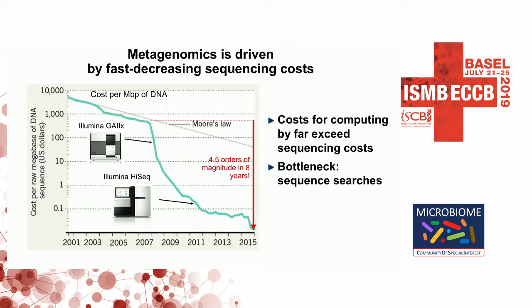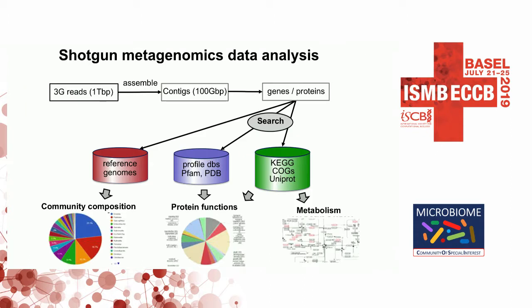So the costs for computing by far now exceed sequencing costs, and also of course the storage of the information. And the bottleneck are still sequence searches, so this is what made us start working on metagenomics data analysis.